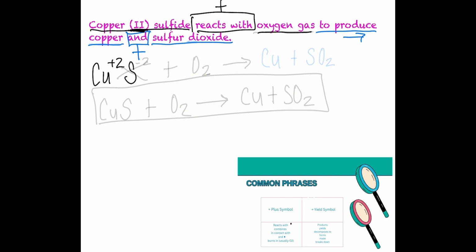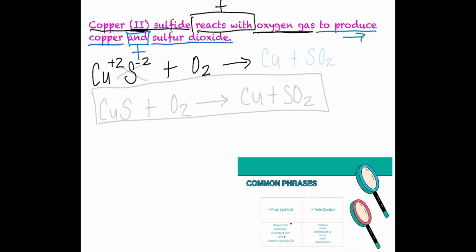Sulfide, the element symbol is S, and sulfide has a -2 charge. Then I have a plus symbol with O2, oxygen gas. Remember, oxygen gas is a diatomic element, and a diatomic element has to be paired with the subscript 2. Now we have the yield sign because of "to produce."